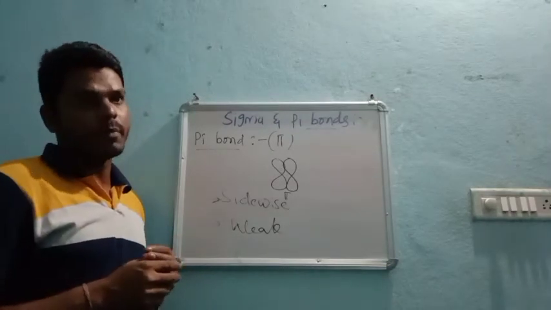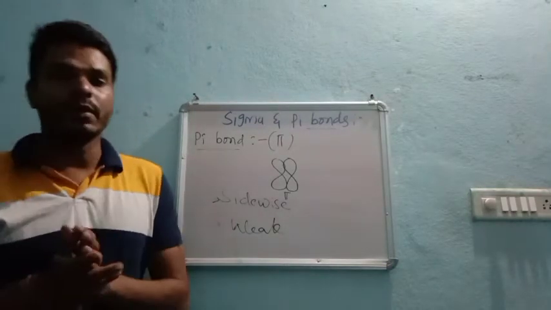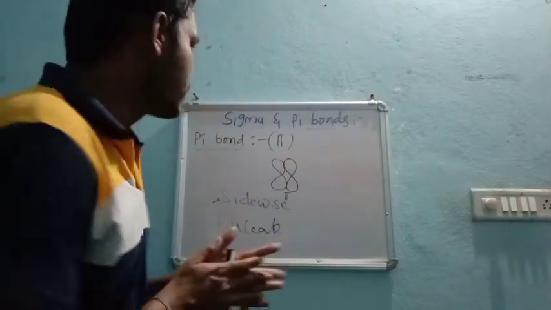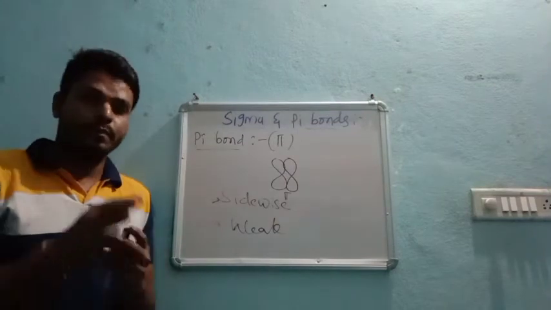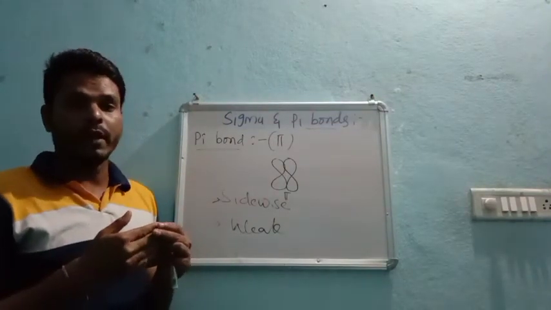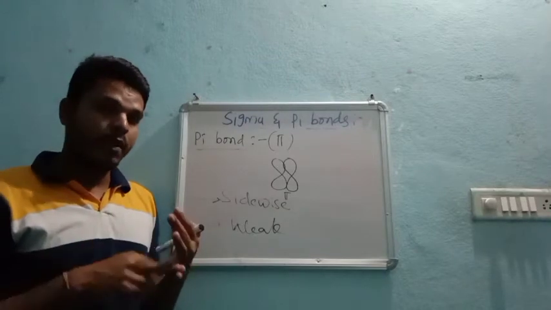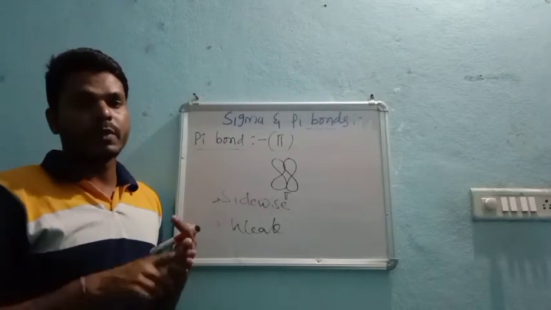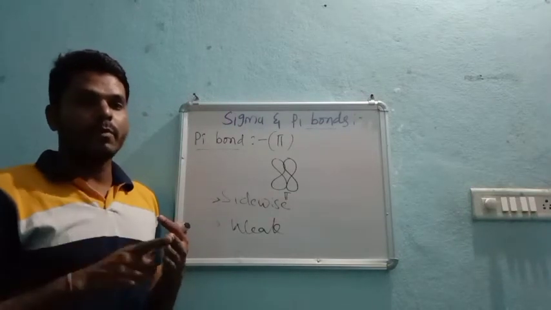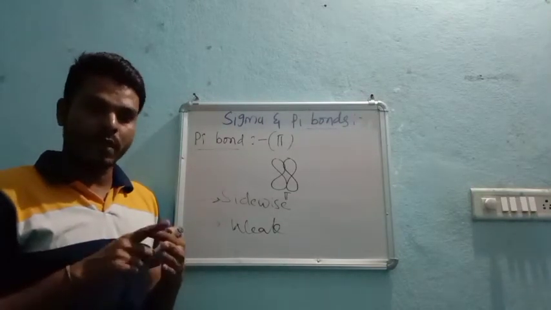So sigma bonds are what? First of all we saw the rules. Those four rules explain whether the bond present between two atoms is a sigma or a pi. If a single bond is present, definitely a sigma bond. If a double bond is present, one will be sigma and the other will be pi.